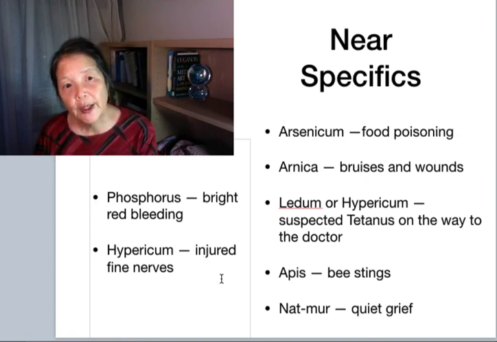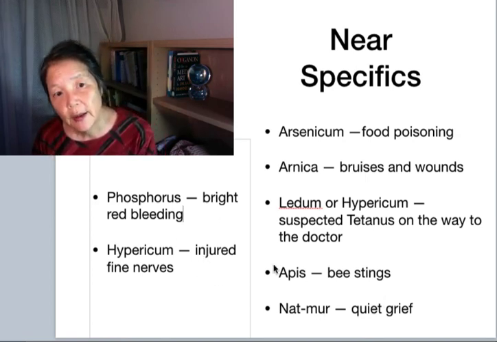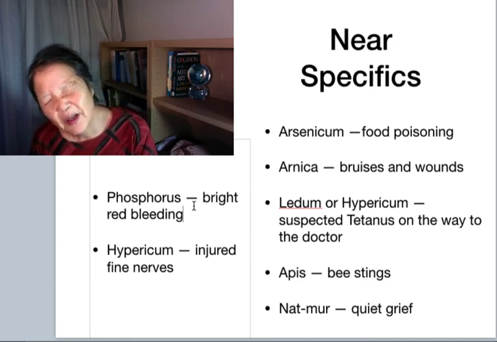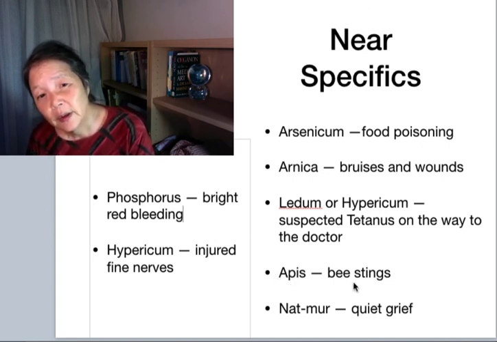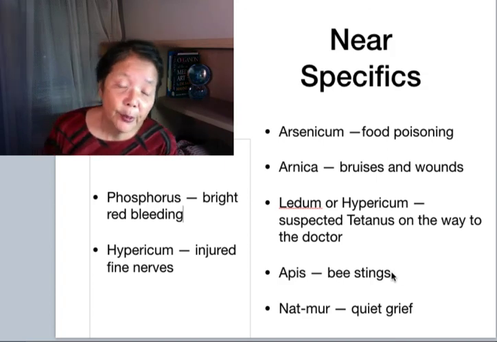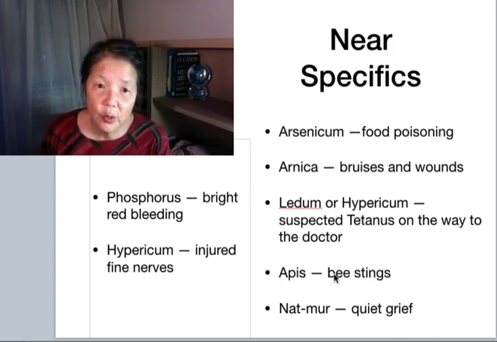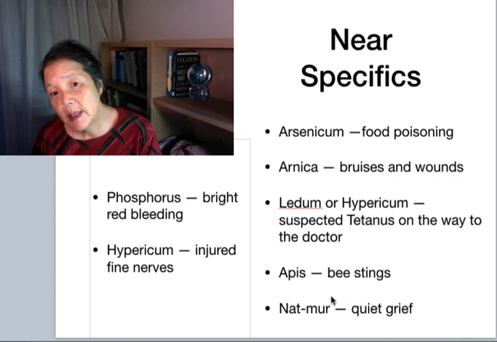Phosphorus is for that bright red blood, when there's bright red bleeding. It's more for a wound, after an operation, or it wouldn't be used for your menses that are bright red. It's for a wound kind of thing. Apis is for bee stings.